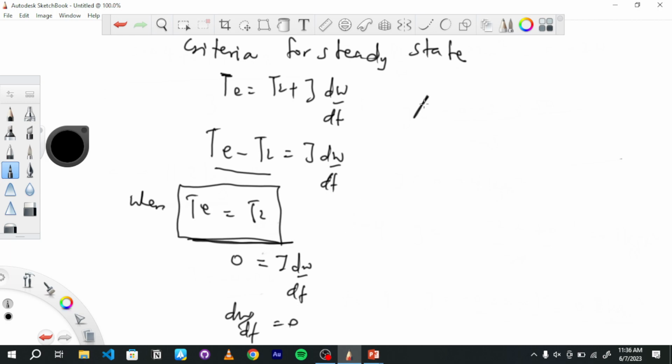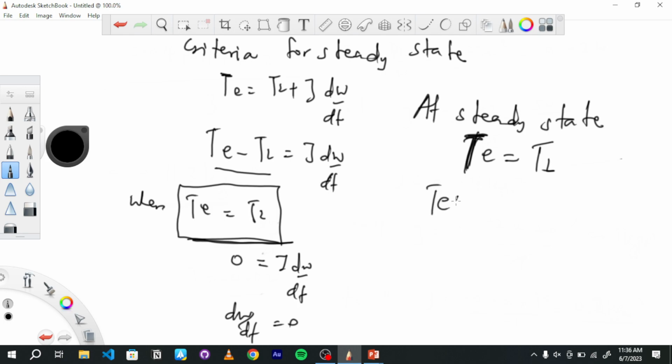So I can write that at steady state, TE is equal to TL. Don't forget that we said TE depends on the speed. So TE as a function of speed is equal to TL as a function of speed.